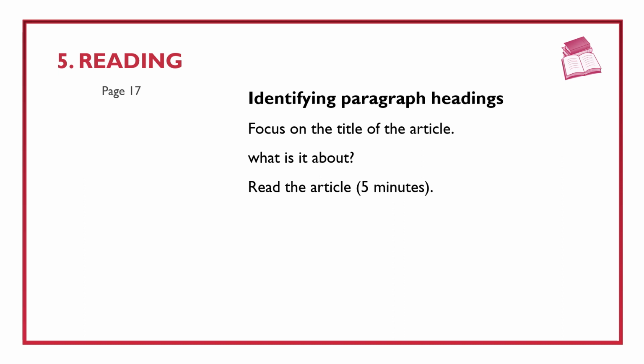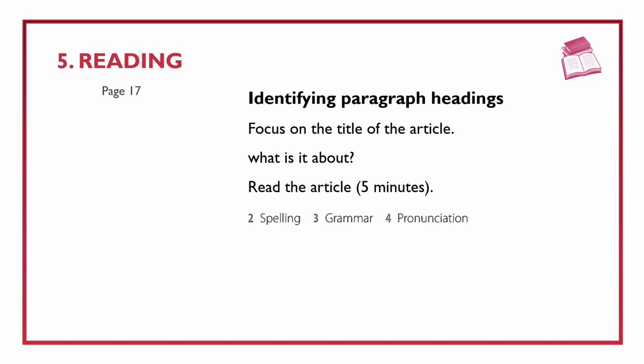So we have 4 headings: grammar, pronunciation, spelling, and vocabulary. The first one is done for you because paragraph 1 is about vocabulary. So that's the suitable heading for paragraph 1. Now please do the same for paragraphs 2, 3, and 4.